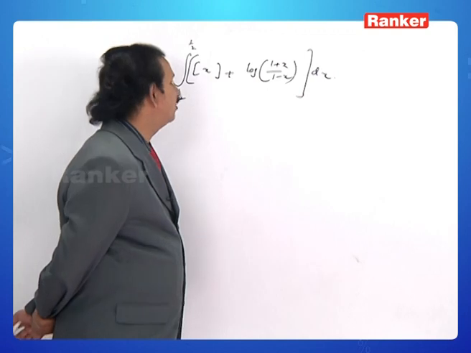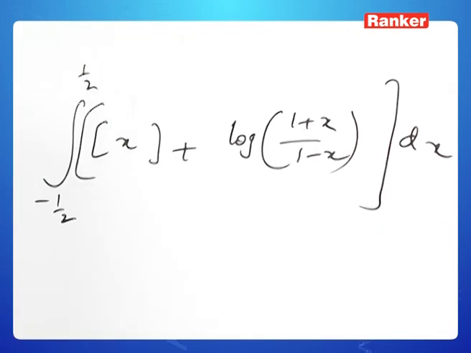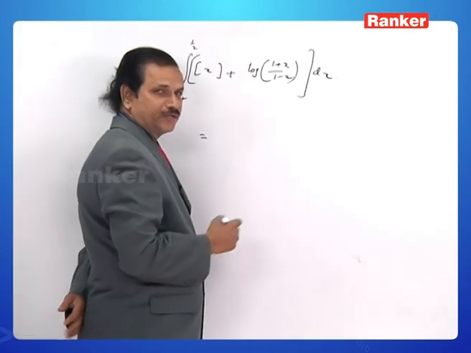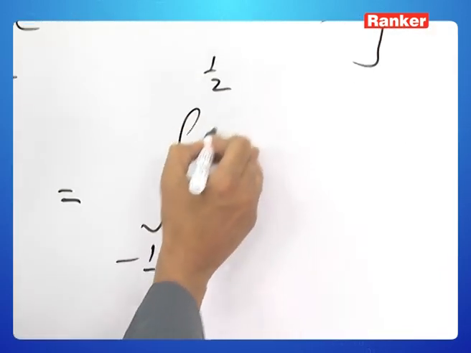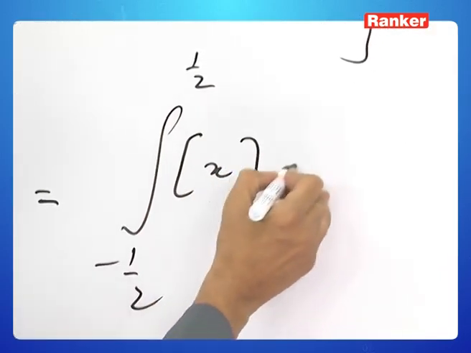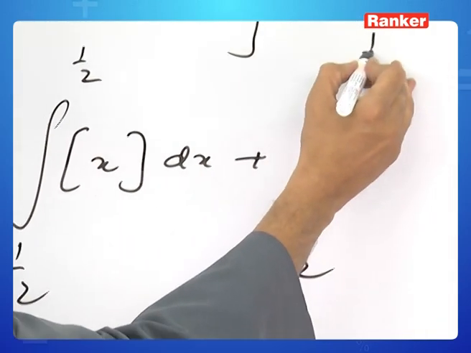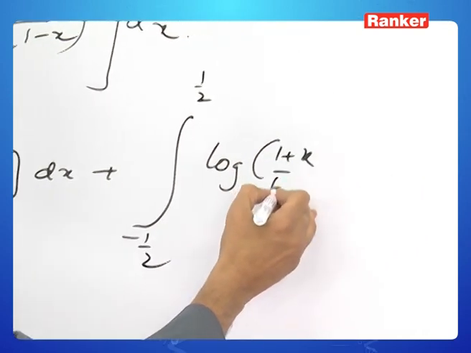Integral minus half to half, integral part of x plus log of 1 plus x by 1 minus x. This can be split into two integrals. Let us do that. Minus half to half integral part of x dx plus minus half to half log of 1 plus x by 1 minus x.